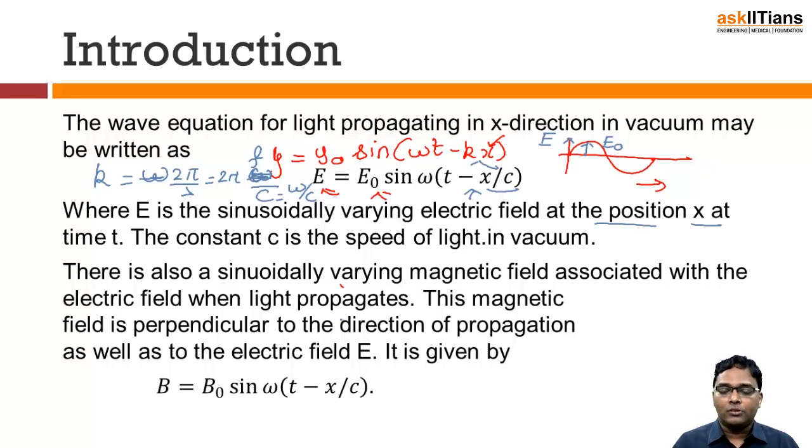Okay. In the same way, we can also say that the magnetic field also varies with time and it has a similar looking expression. The only difference we'll come across is that the electric field and the magnetic field basically oscillate along perpendicular directions. Their oscillations are perpendicular to each other, but they move along the same direction. So if a particle, let's say having a charge Q, is basically left in an electromagnetic field, it's going to experience both the electric field as well as the magnetic field, such that it is going to oscillate in a kind of helical fashion, with the electric field and magnetic field being perpendicular to each other.